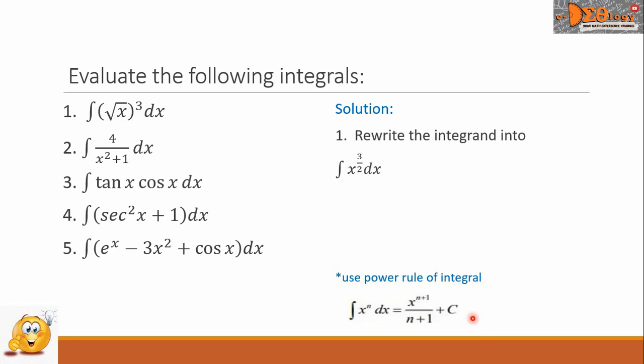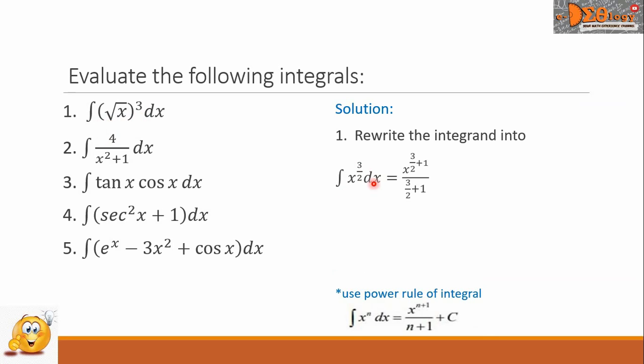The formula is here. So we have now x raised to 3 over 2 plus 1 all over 3 over 2 plus 1. This 3 over 2 plus 1 is equal to 5 over 2. So we can simplify this into x raised to 5 over 2 all over 5 over 2.